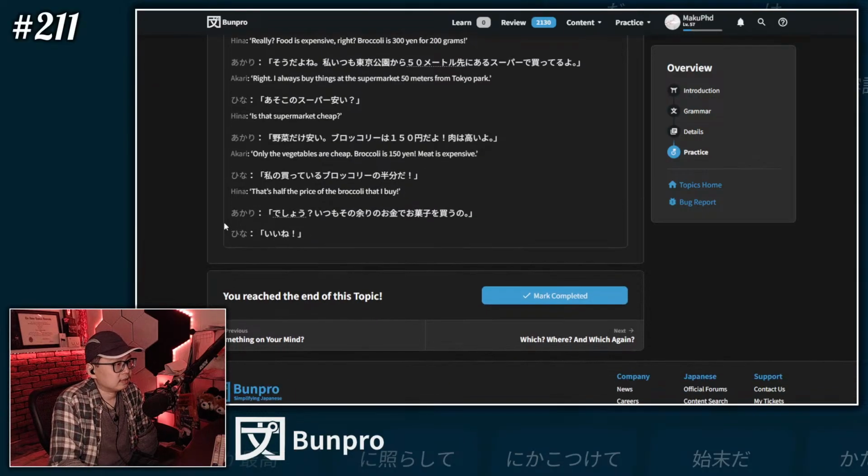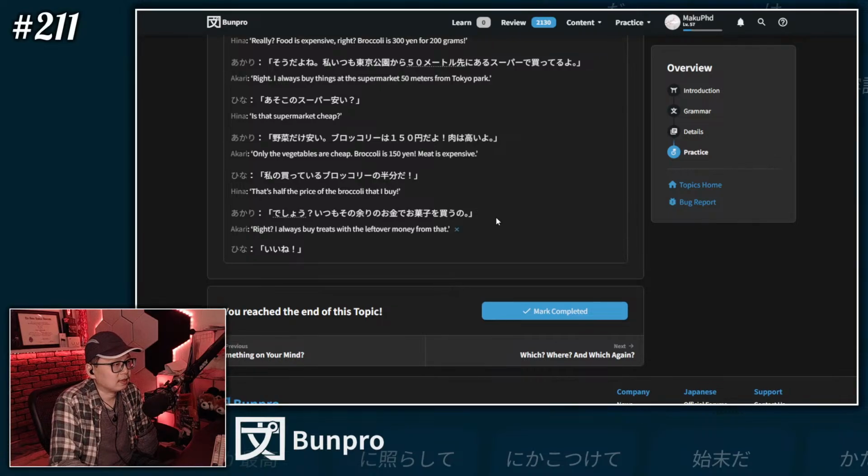And then, I'm not sure how this works, but I always buy snacks with money I save from that.